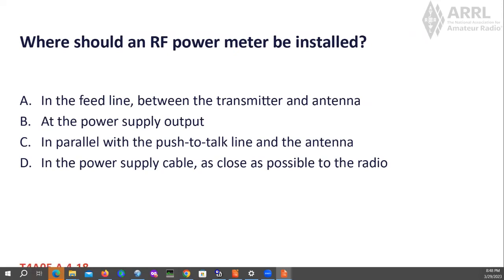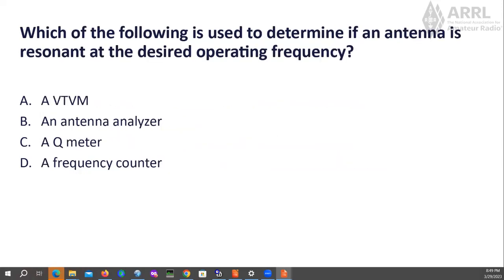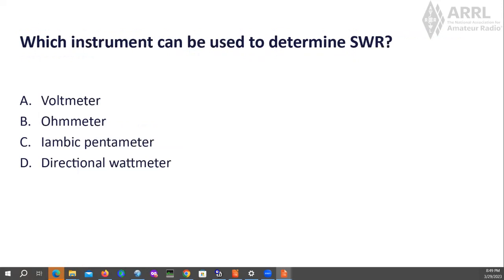Where should an RF power meter be installed? The answer is A, in the feed line between the transmitter and the antenna. Which of the following is used to determine if an antenna is resonant at the desired operating frequency? And the answer is B, an antenna analyzer. Which instrument can be used to determine SWR?